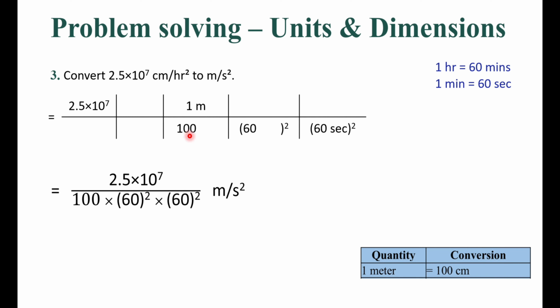Coming to the denominator, we have 100 multiplied by 60 square, then multiplied by again 60 square. So I have the unit meter per second square here because meter is here, and second is squared here. So I have meter per second square. When I multiply, I can find the value which comes to be 1.93 into 10 power minus 2 meter per second square.